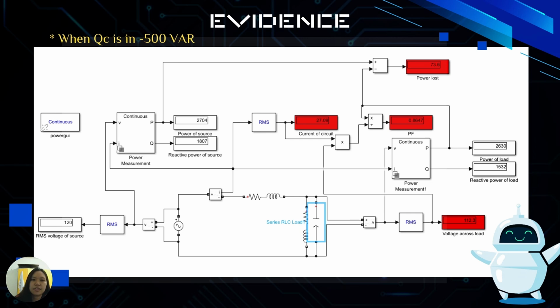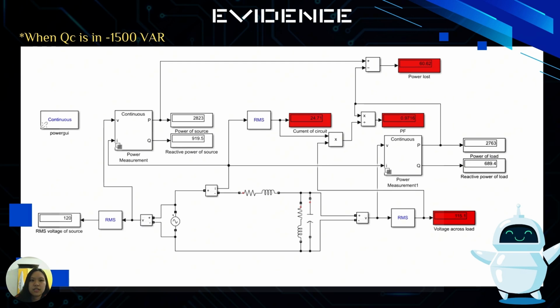These are the evidence that we have applied the QC in negative 500 volt ampere reactive, and these are the results shown. And this is the capacitor in parallel to the RL series circuit in negative 1500 volt ampere reactive power.